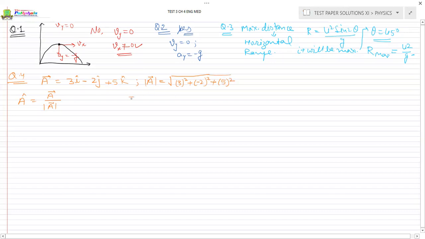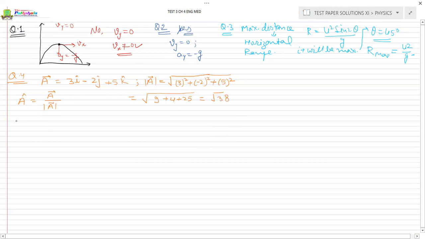This becomes under root 9 plus 4 plus 25, which is equal to under root 38.